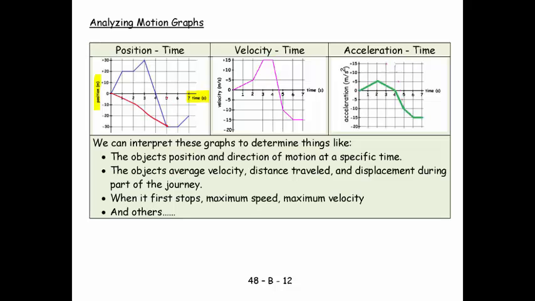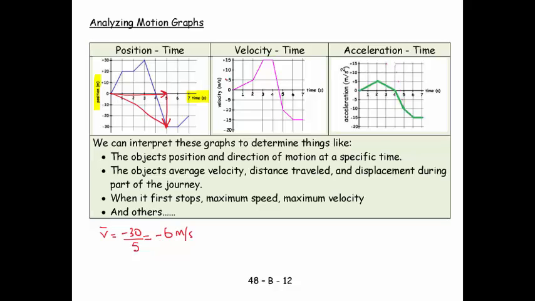So I said, well, there's my change in position, -30, and there's my change in time, 5. So my average velocity would equal -30 over 5, which equals -6 meters per second.